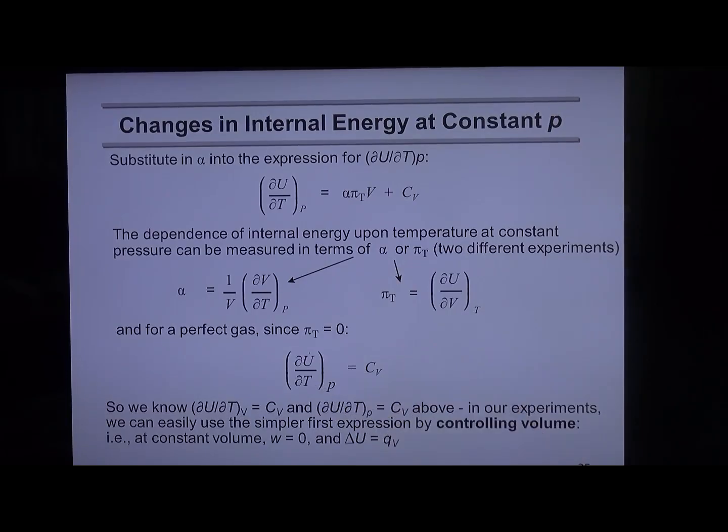Both of them are the same for perfect gas. It's interesting, right? This one and this one are the same for perfect gas. This expression will be useful in the next section. Okay. All right, we finished Joule experiment.